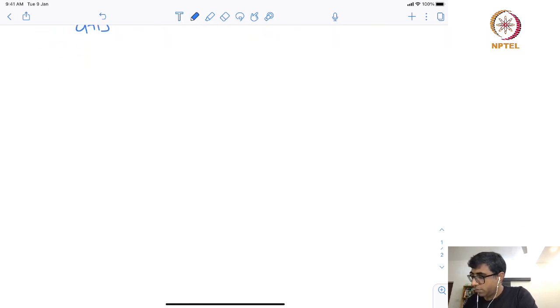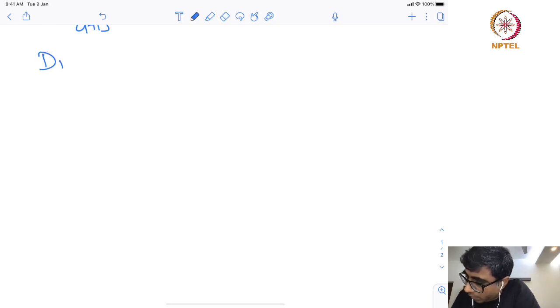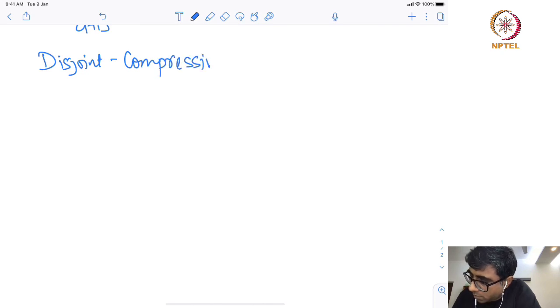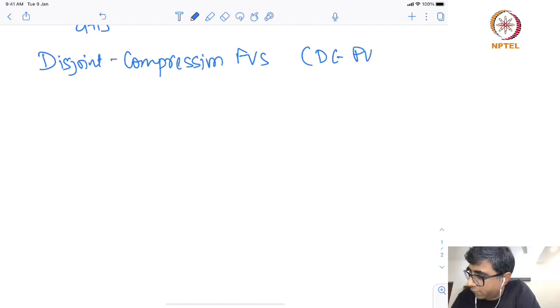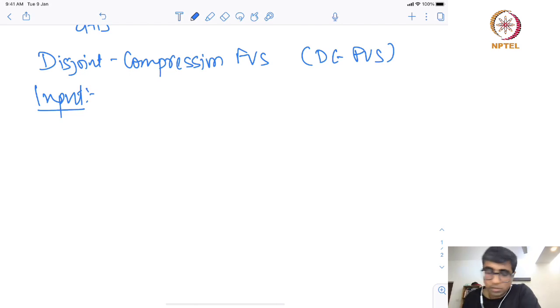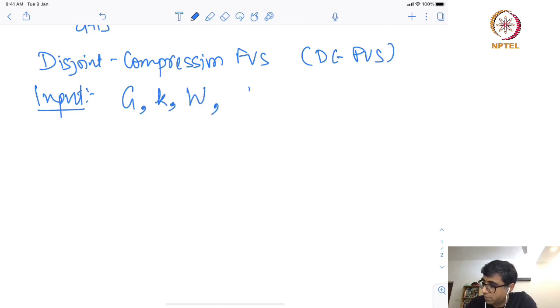So, recall what problem we are going to solve: Disjoint Compression FVS. The input is G, an integer k, and a set W. What is the property of set W?